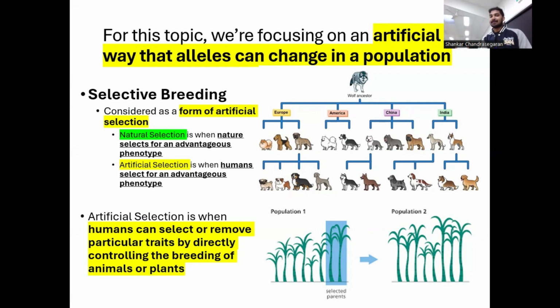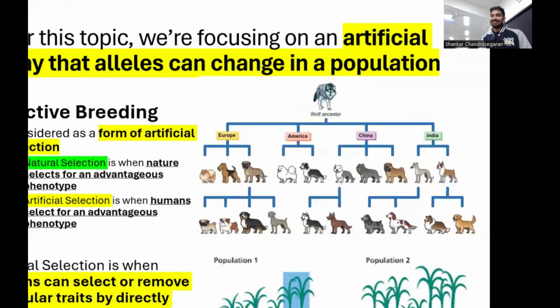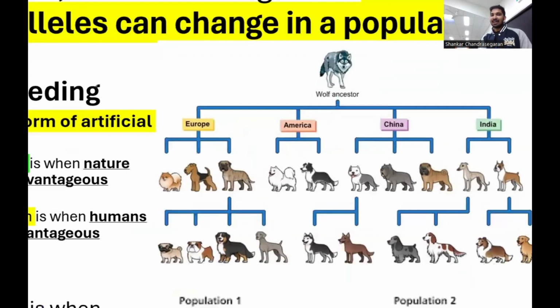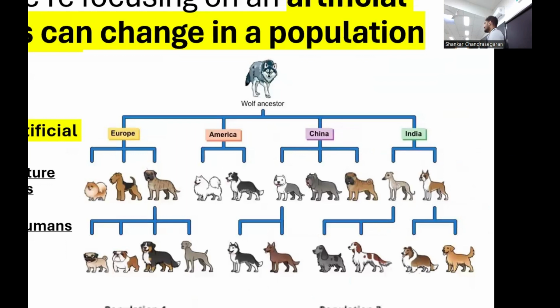One of the biggest examples that everyone is a fan of is dogs. Dogs started off with their main species still being the wolf. But through artificial selection, we have selected for a particular trait, which is tameness, how tame a dog can get.